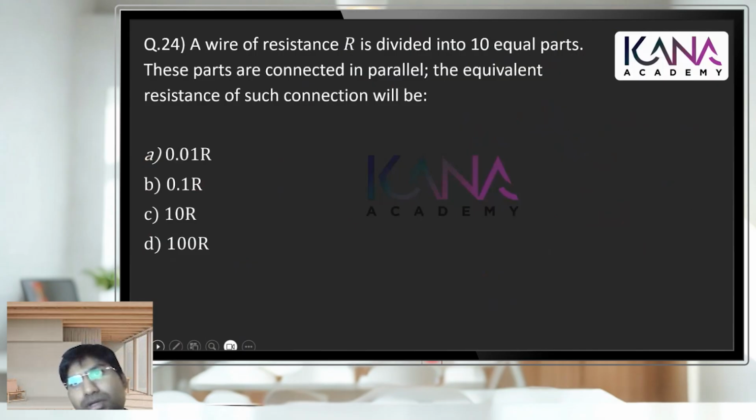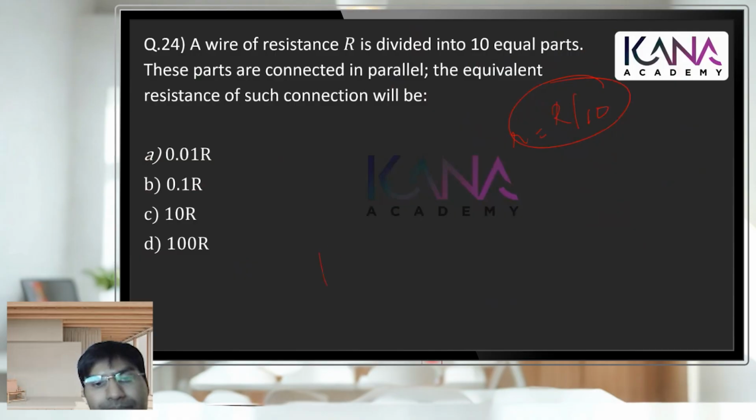24th, the wire of resistance R is cut into 10 equal parts and they are connected in parallel. Each piece will be R by 10.